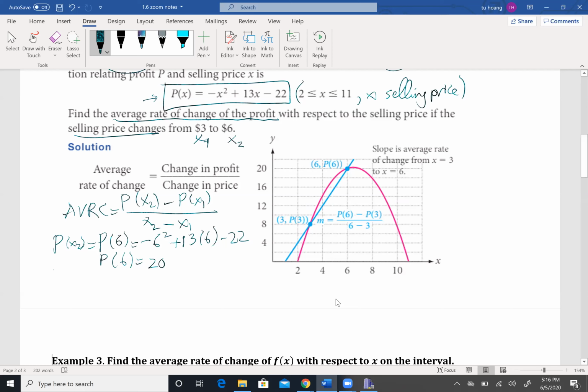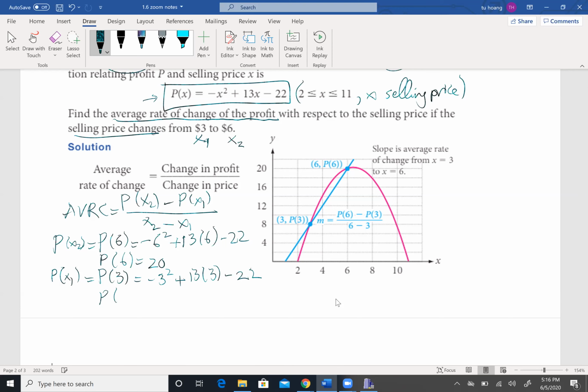And p of x1 will be equal to p of 3, which equals negative 3 squared plus 13 times 3 minus 22. And then p of 3 will be equal to negative 9 plus 39 minus 22.